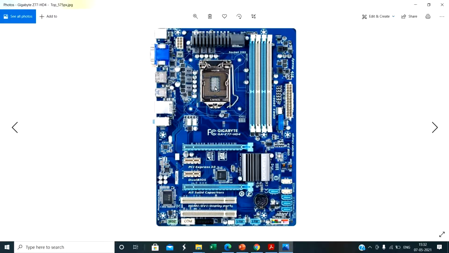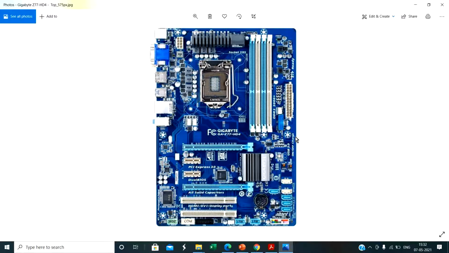This is the top view of the motherboard. In this, various components are attached to the motherboard, and we can connect external components also, that are memory, processor, input devices, and output devices. All of these we can connect to the motherboard.